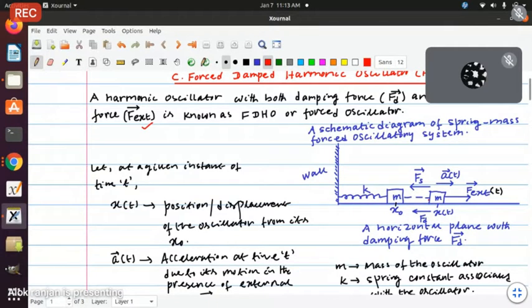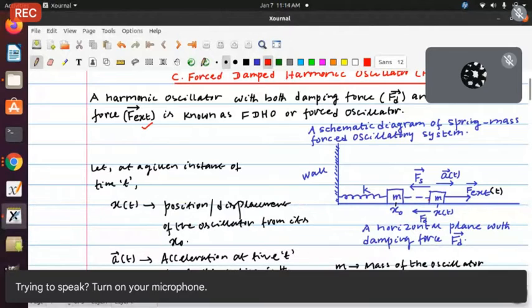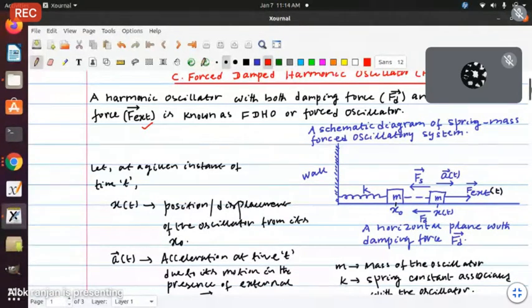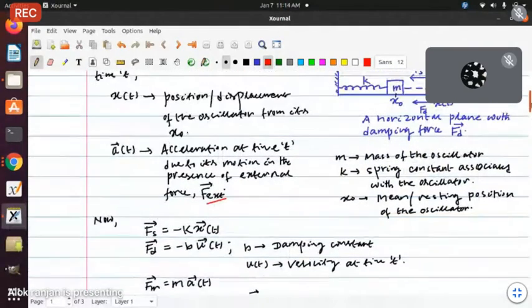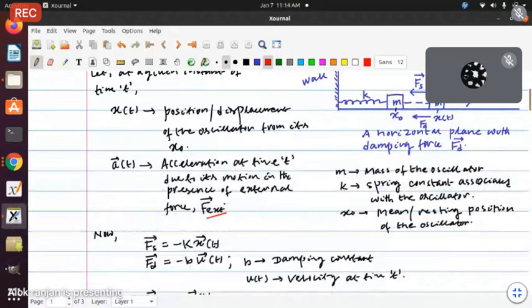So k, m, x naught, F subscript s, a vector which is also time dependent, F d, all those things are mentioned here. Although I did not mention what F d and F s are, you have to mention them.